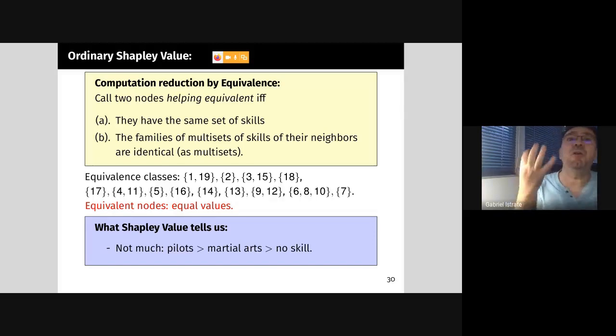So from their local point of view, everything is the same. Whatever one brings to the table is whatever the other one brings to the table. This partitions the set of nodes into classes, and of course, nodes in the same class will have equal values. Okay, so Shapley value is not about helping, but about the value of individual players.